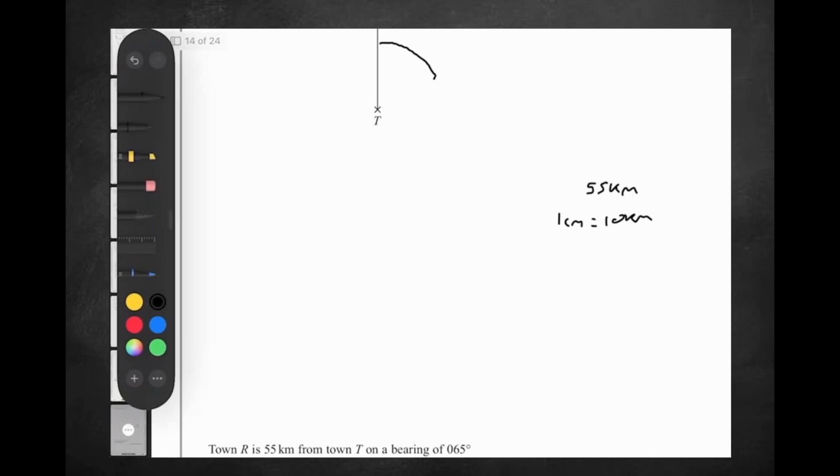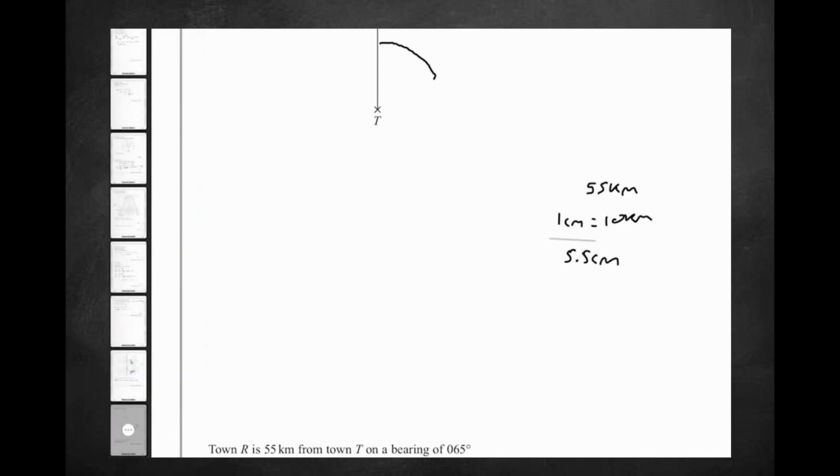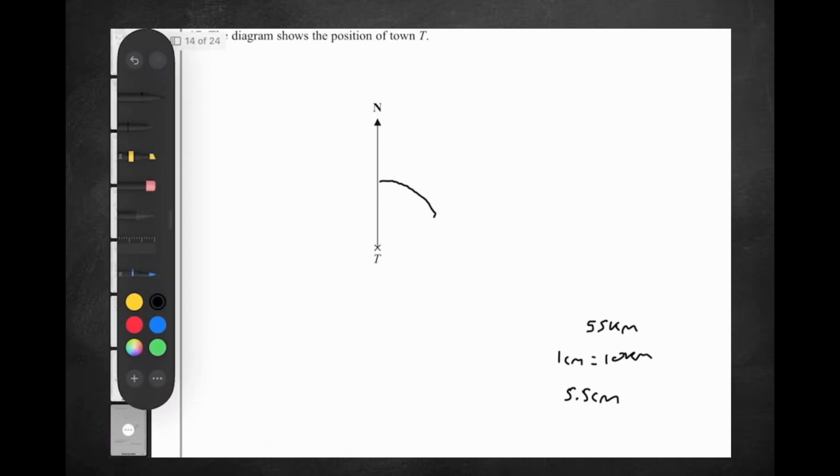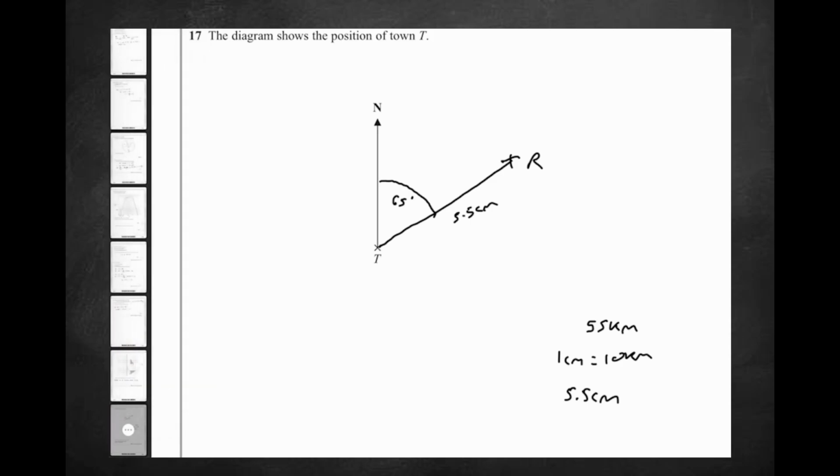Therefore, you need to do 5.5 centimeters from point T at an angle of 65 degrees. So it's going to look something like this, where that angle there is 65 degrees, and that length of line is 5.5 centimeters. But you won't need to label it in the exam.